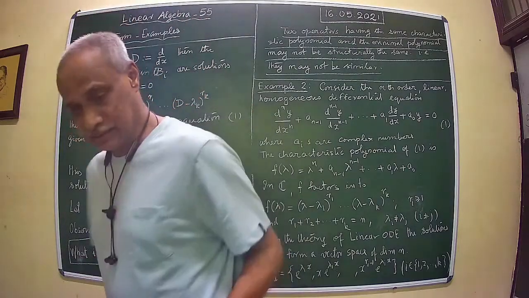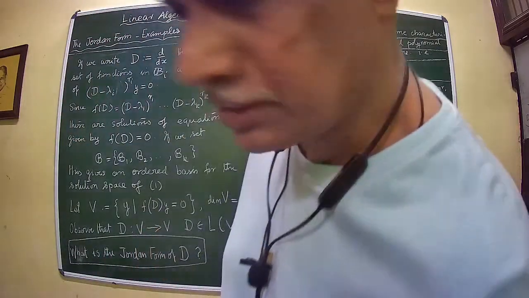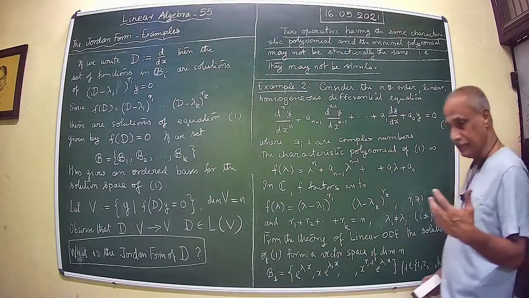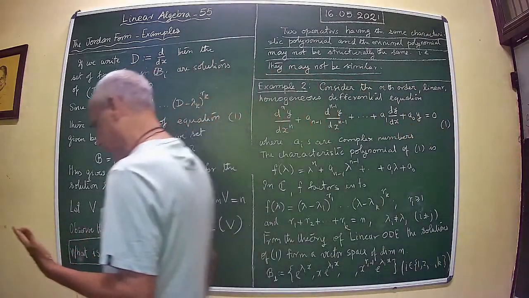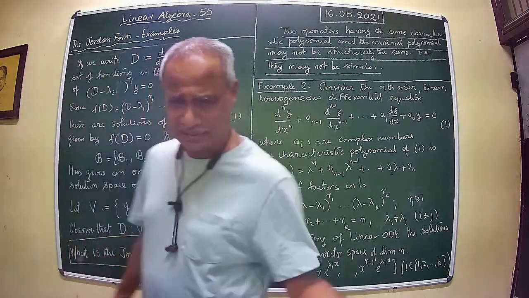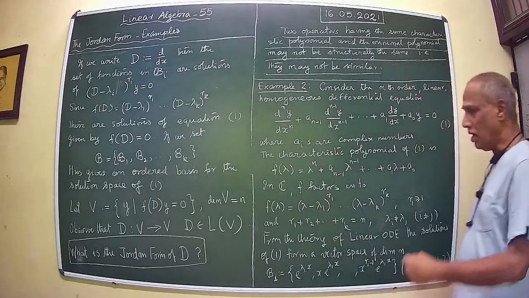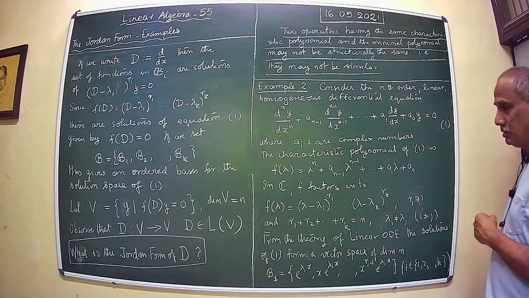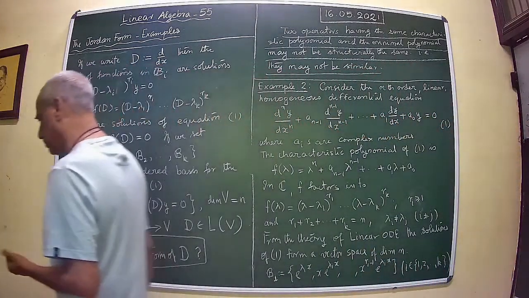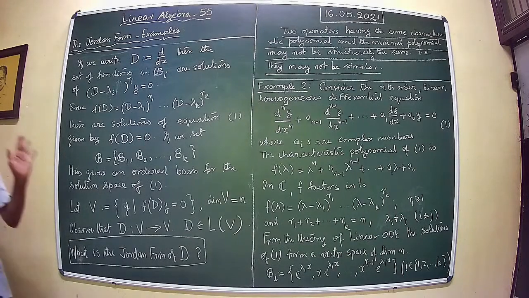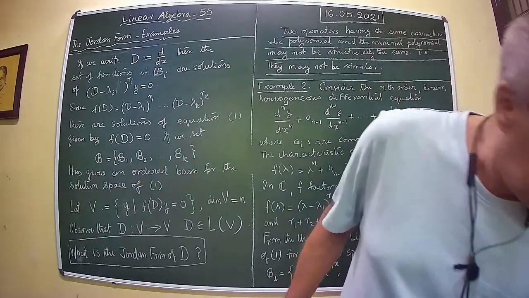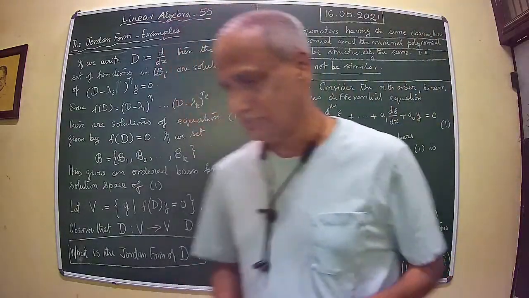So let us analyze this. What is the usual procedure? The usual procedure is, first find out the characteristic polynomial for D. Find the minimal polynomial. Once you resolve these two, and then break up the vector space using the primary decomposition theorem, we can write down the Jordan form. So this is the procedure. So let us work it out. Very fascinating, right?